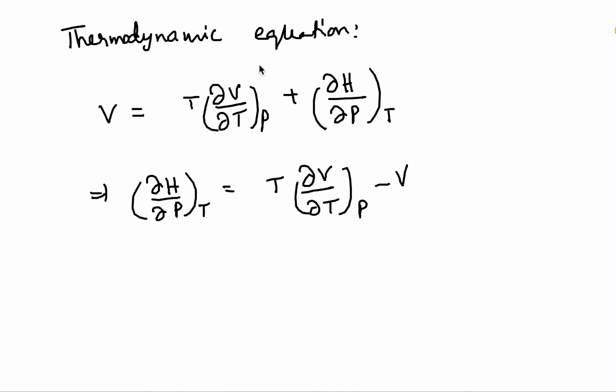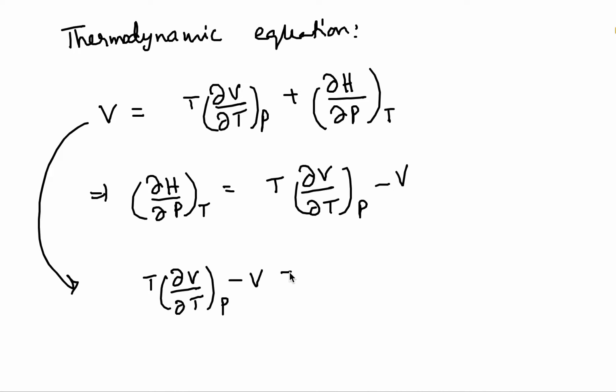So if I rearrange this, from this what I can write? T times ∂V/∂T at constant pressure minus V is equal to negative ∂H/∂P at constant temperature. How?